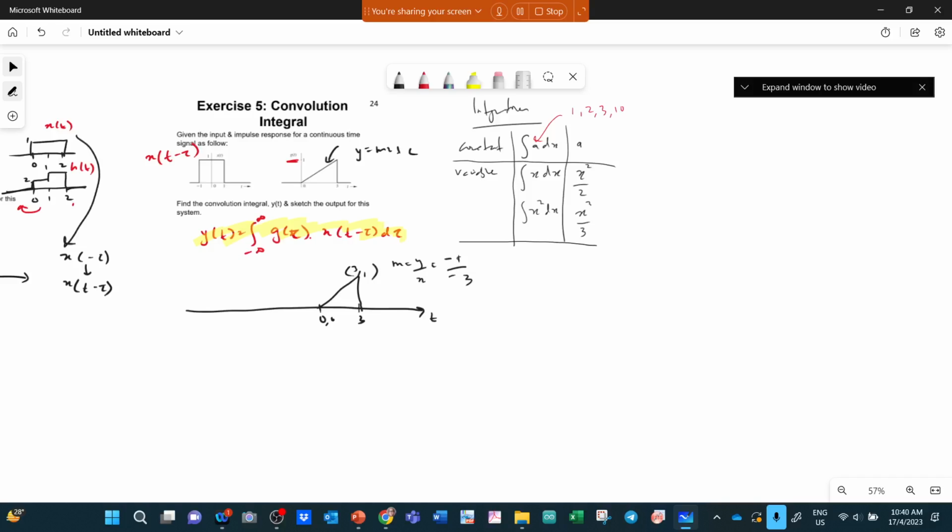This one is 0, 0. Betul tak? 1 minus 0 over 3 minus 0, so you get 1 over 3. So the equation for this is 1 over 3 t. That will be the equation for this.